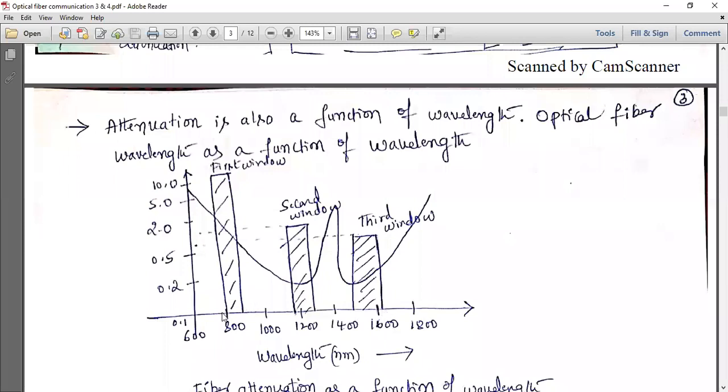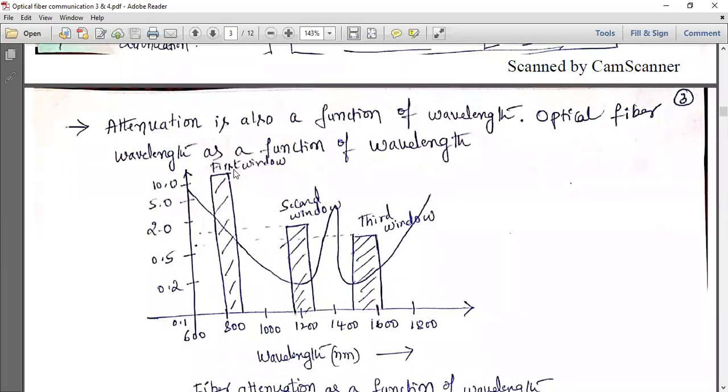That is what we have plotted on the x-axis, and we have taken a first window, second window, and third window. This is normally called an operating window. It is not a fixed wavelength, but the wavelength range in which you operate. You may be operating from 0.8 micrometer to 0.85 micrometer, or from 0.8 to 0.9, just like you describe bandwidth instead of a single frequency, for example working from 900 megahertz to 915 megahertz.